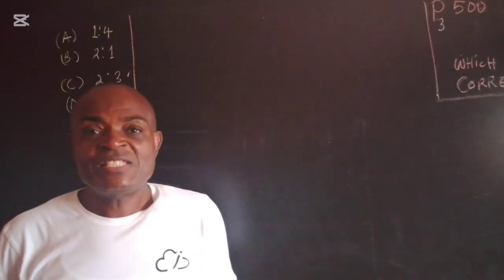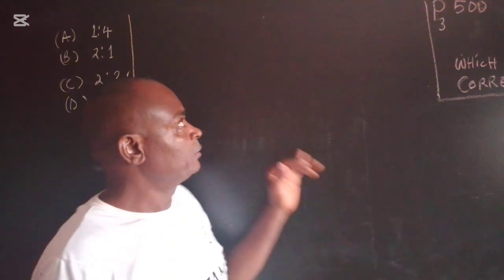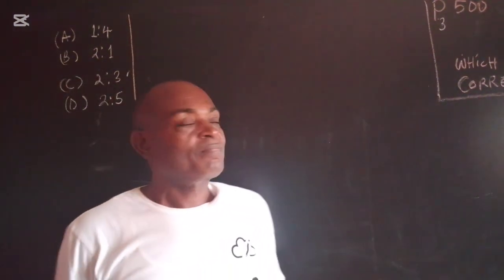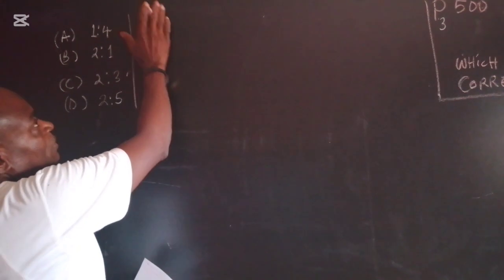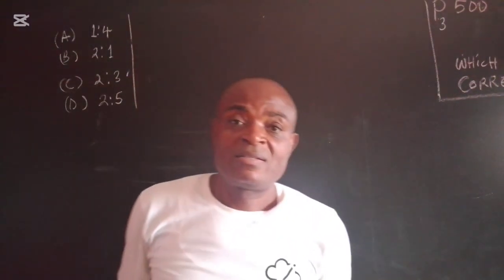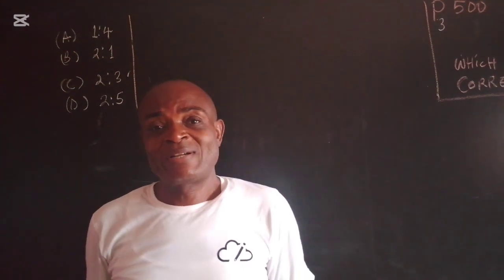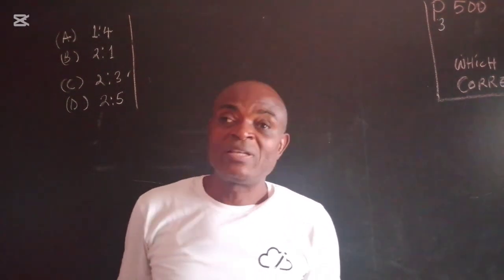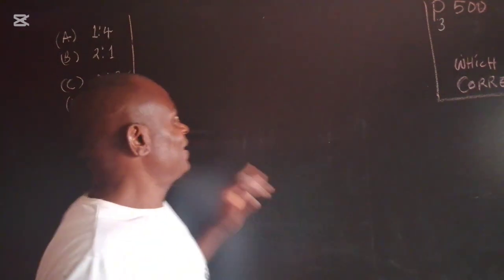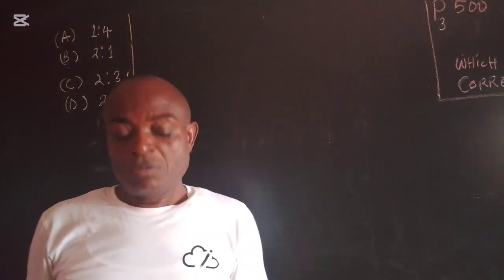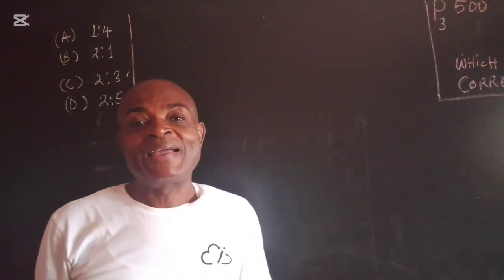Okay, from the question we read, we were told that two bodies are together, and the mass of each of the bodies is in the ratio 3:1, and their acceleration is in the ratio 2:9.